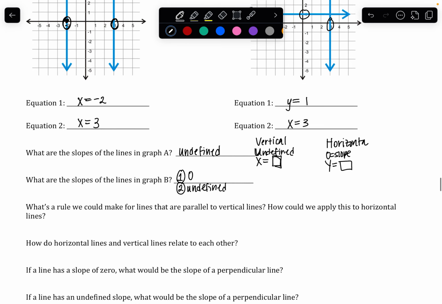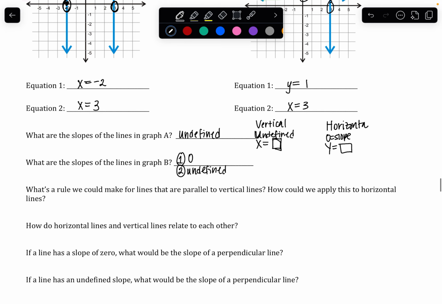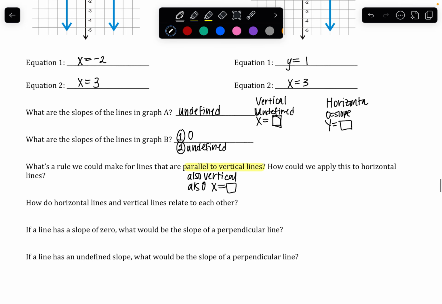What rule could we make about lines that are parallel to vertical lines? Lines parallel to vertical lines are also vertical, also x equals a number. So if you have a vertical line, a parallel line will also be vertical.